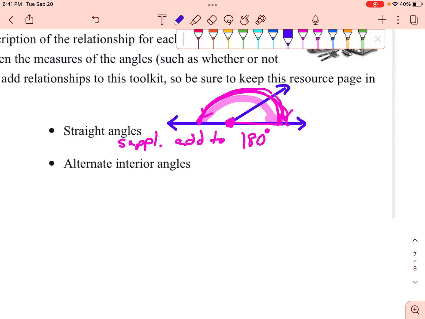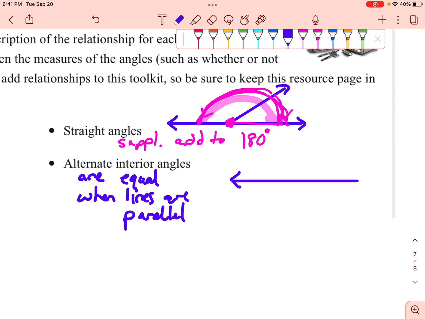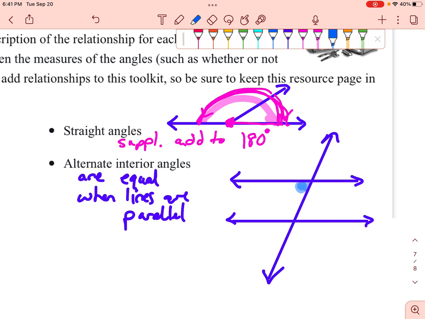And then your last pair, alternate interior angles, they are equal when lines are parallel. Okay, and again, I would draw that picture. Okay, I have my alternate interior angles that are equal.